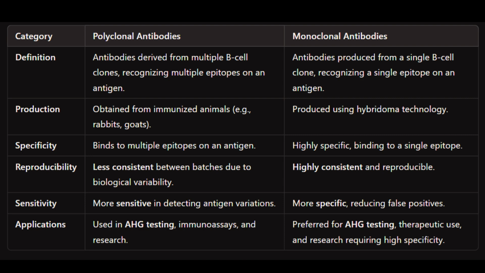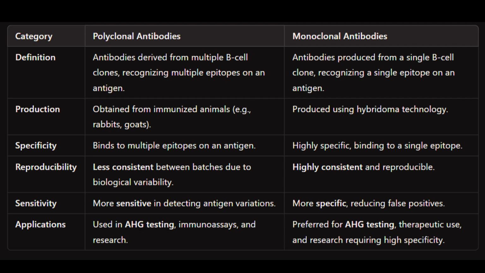How about a monoclonal antibody? Antibodies produced from a single B cell clone, recognizing a single epitope on an antigen. How are they produced? Polyclonal antibodies are obtained from immunized animals like goats or rabbits. So we have caprine or leporine in origin, or we can have murine, from mice.